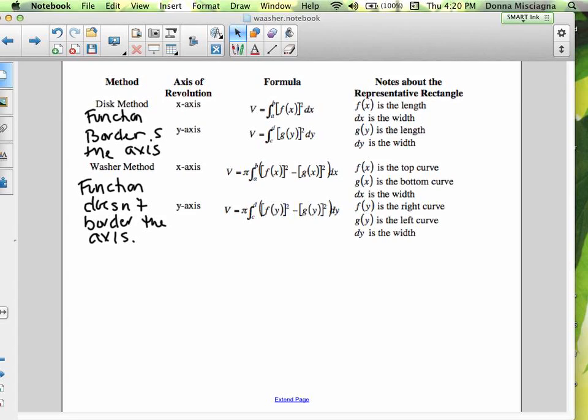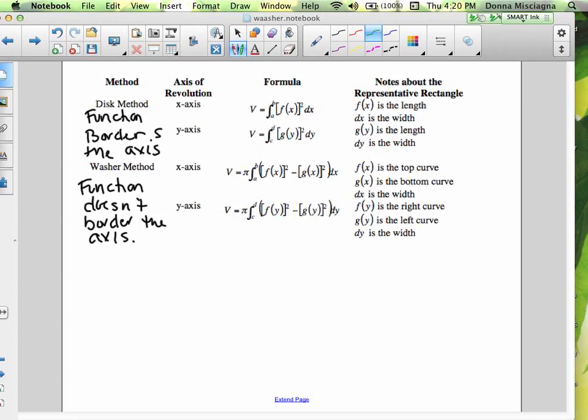If we rotate around the y-axis, it'll be g of y squared. It'll be the function, but in terms of y. That will be using y values. C and D will be y values instead of x values.